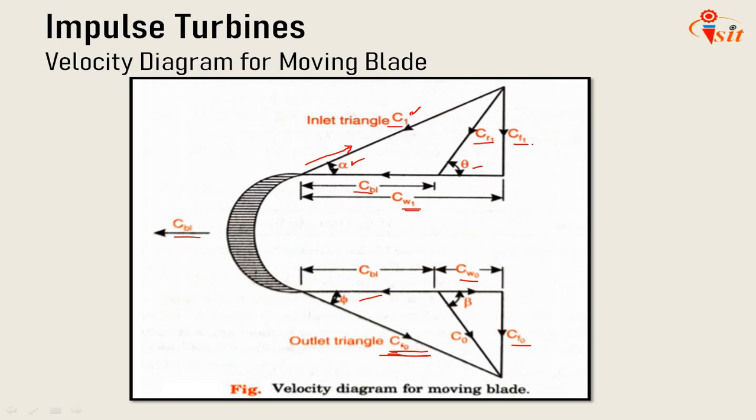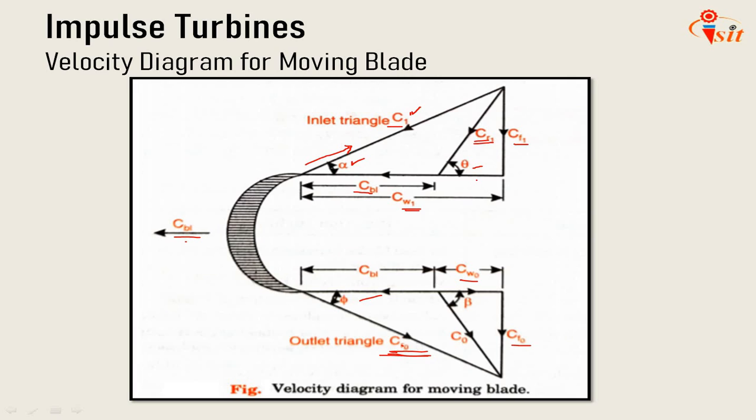The axial component CF1 does no work but causes the steam to flow through the turbine. As the blade moves with the tangential velocity CBL, the entering steam has a relative velocity CR1, which makes an angle theta with the wheel tangent.